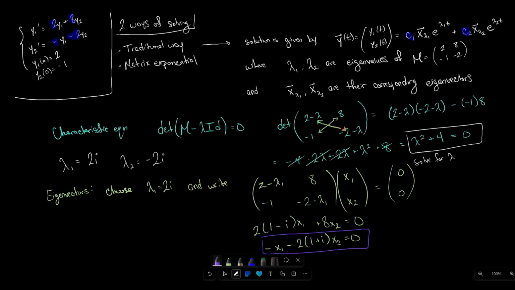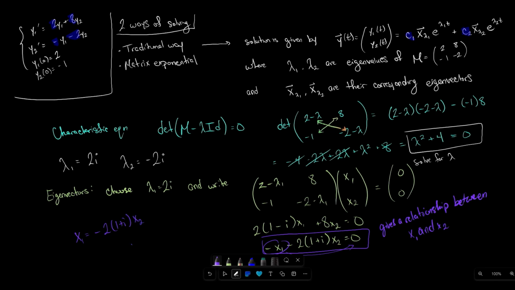So either one of these two will give me the relationship. This gives me a relationship between x1 and x2. What is the relationship this gives me? Well, I could just solve it for x1. It says that x1, I'm going to move x1 to the right-hand side, is negative 2 times 1 plus i, x2.